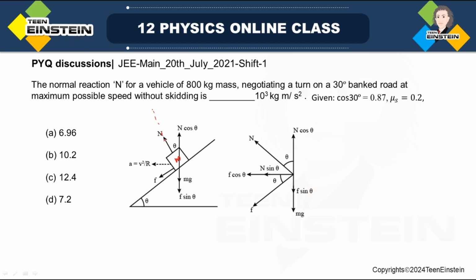Therefore, this normal reaction also will have two components, one along this direction, n cos theta in the upward direction, and then n sine theta in the horizontal direction towards the center of the car path.